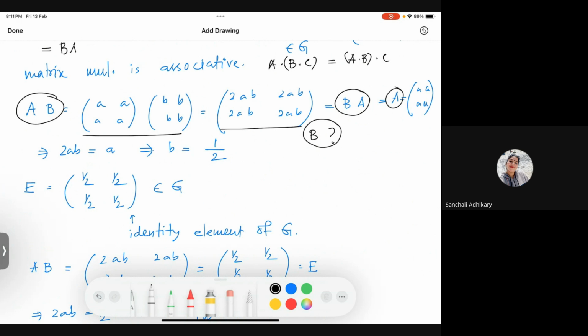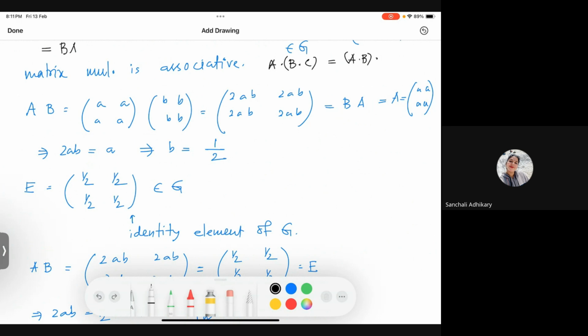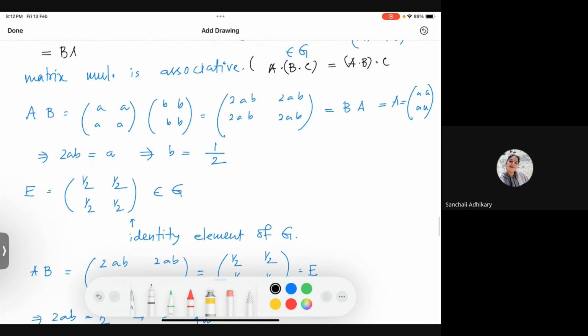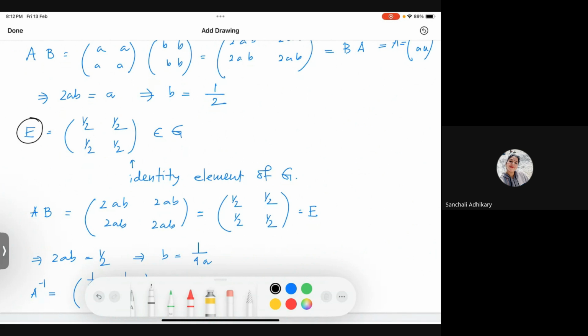Now I need AB equals A. When two matrices are equal, the order is the same and corresponding entries are the same, so from here 2AB equals A, which means B equals half.